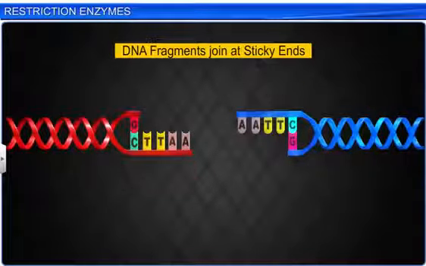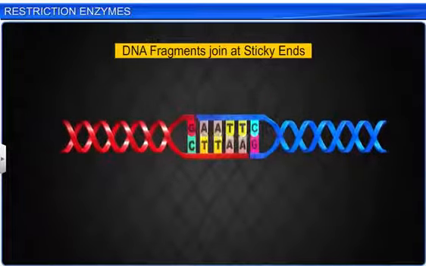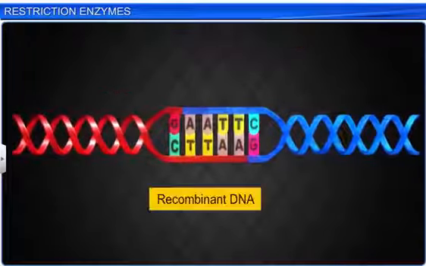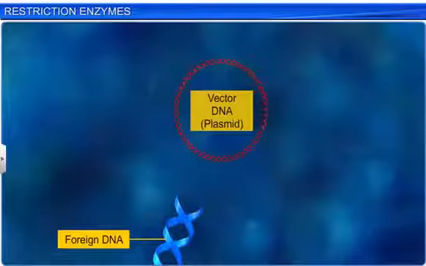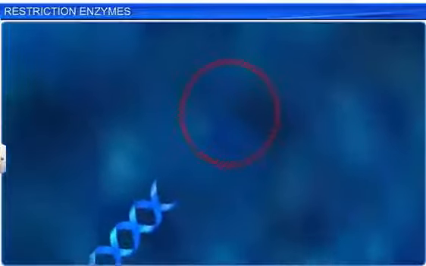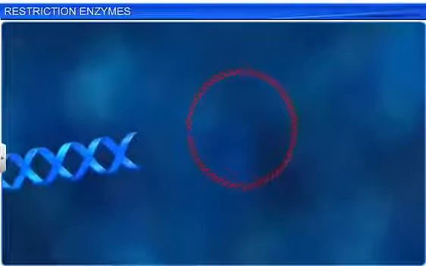Moreover, there are overhanging stretches called sticky ends on each strand. Such ends are called sticky or cohesive ends because base pairing between them can stick the DNA molecule together again. Thus, restriction endonucleases play a crucial role in the construction of recombinant DNA molecules which have DNA from different sources.